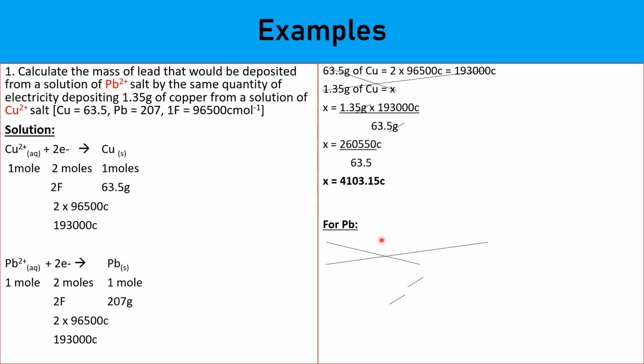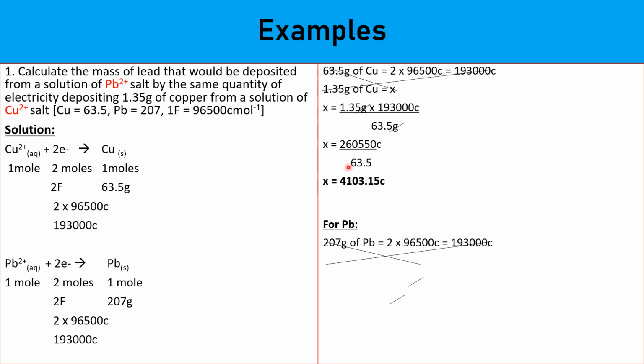So let's look for the mass of lead that it will deposit. For lead, we have from the equation here that 193,000 coulomb of electricity will deposit 207 gram of lead. All of you can see this clearly. So that is what we have here.